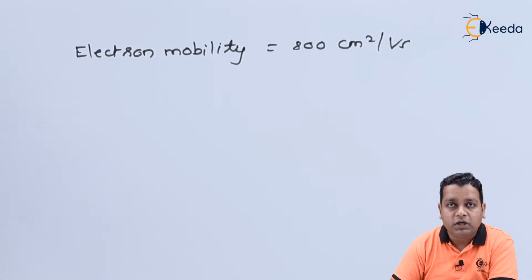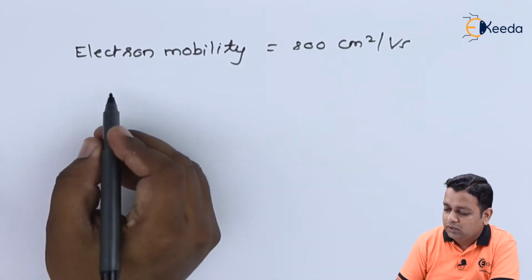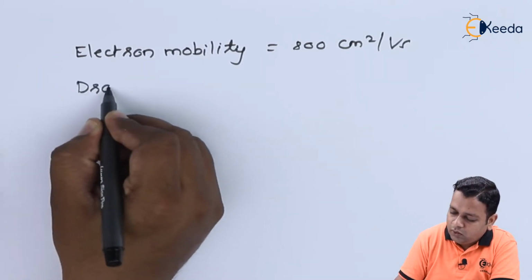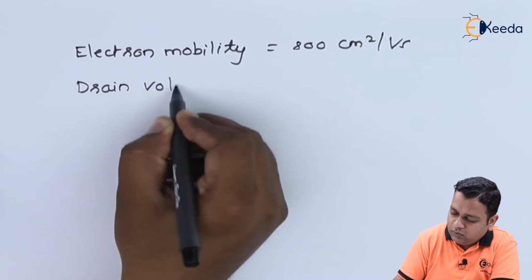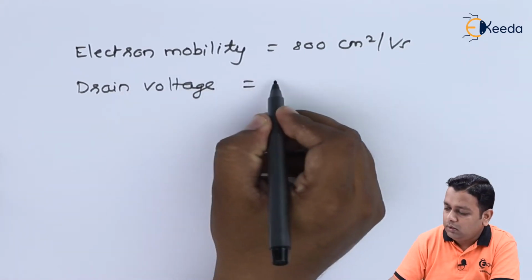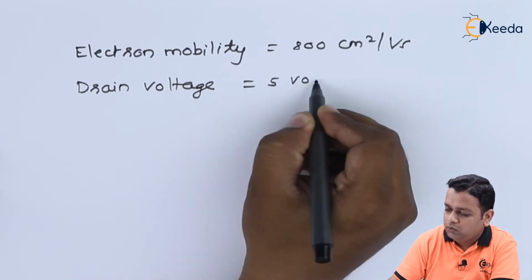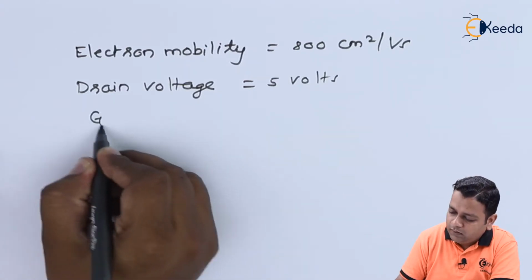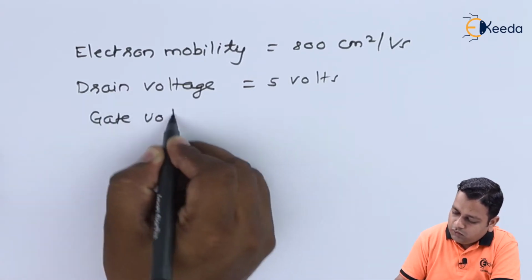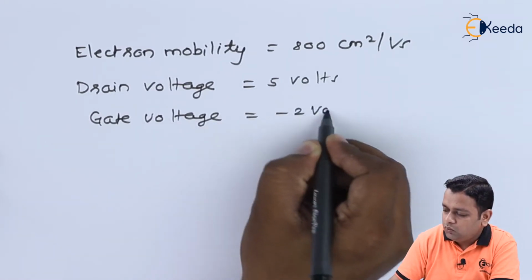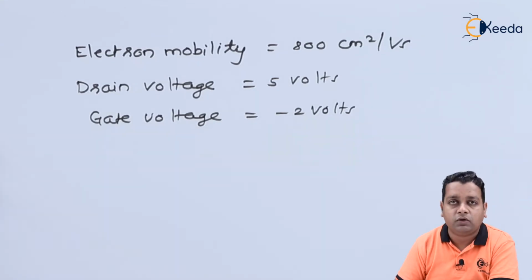After that, a voltage value is provided to us denoted as Vd, and this D stands for the drain. Hence I call this the drain voltage value, and it has the given value of 5 volts. After that, another voltage Vg is provided. It is nothing but the gate voltage for the given MESFET, with minus 2 volts as the magnitude.